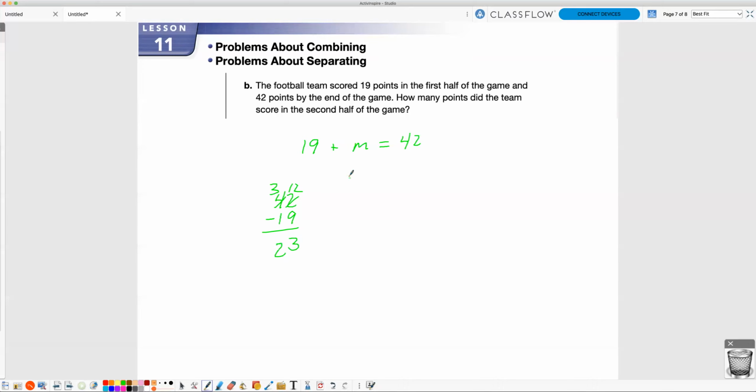So the number of points scored in the second half would be 23 points scored in the second half. And I want to double check my answer. I just take 23 plus 19, and it should equal 42. And it does. So that means 23 is correct.